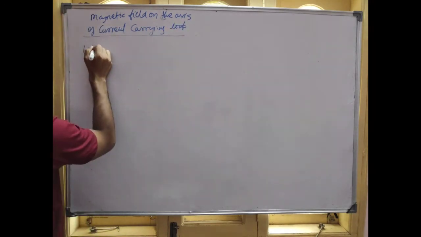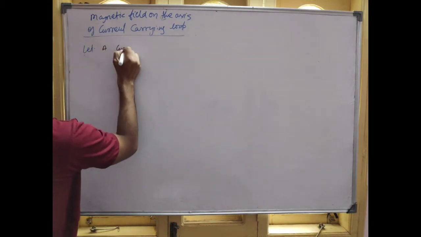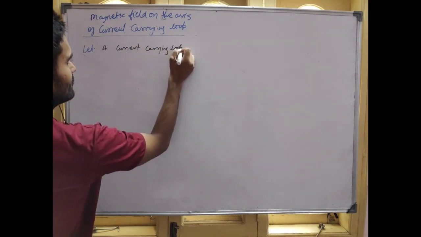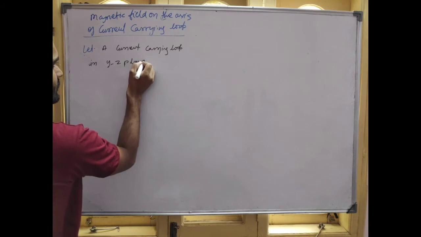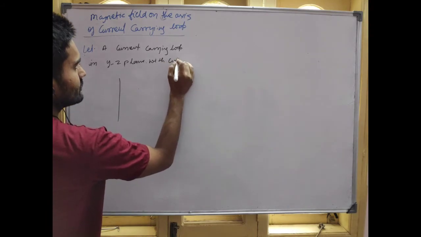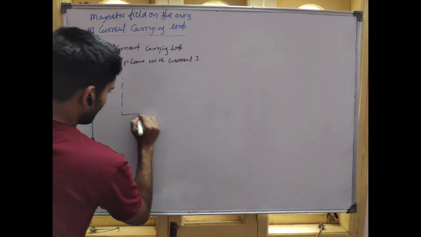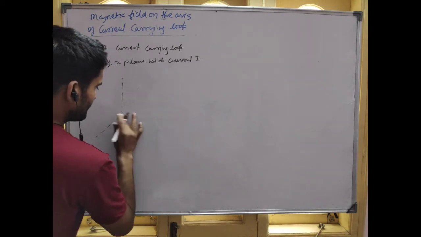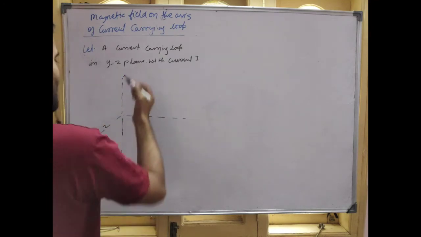So let a current carrying loop be in the YZ plane with current I. This is X, this is Y, this is Z. There is a plane, the YZ plane.